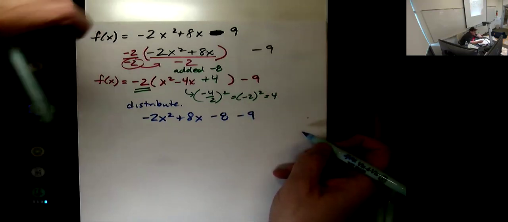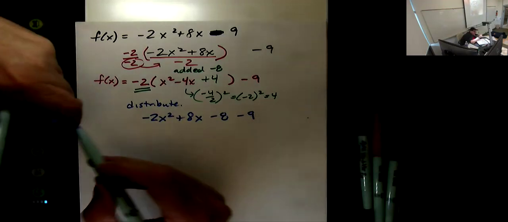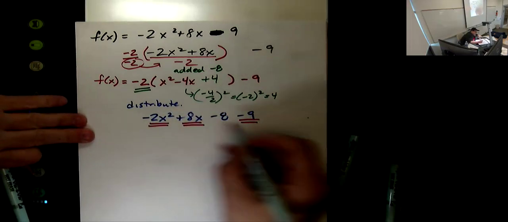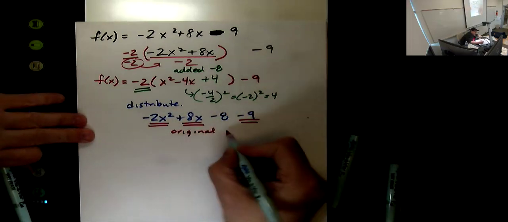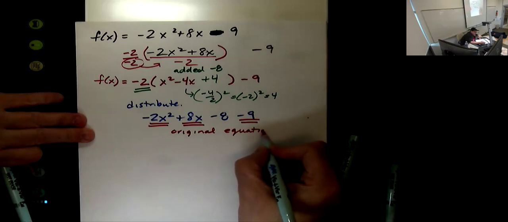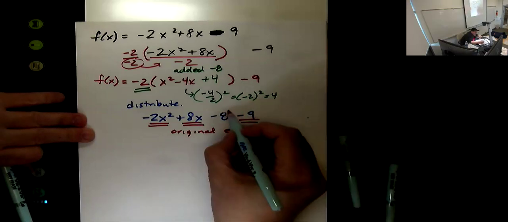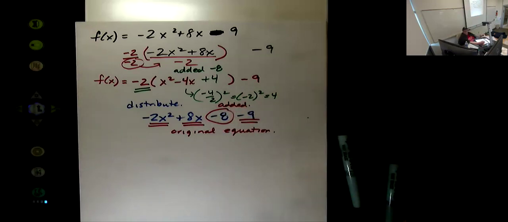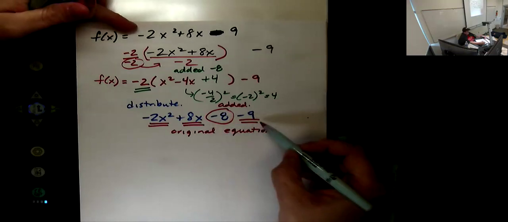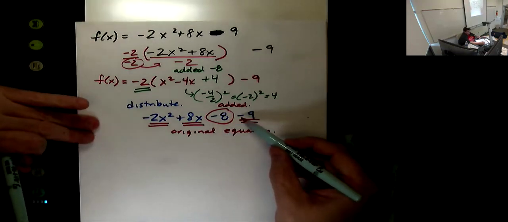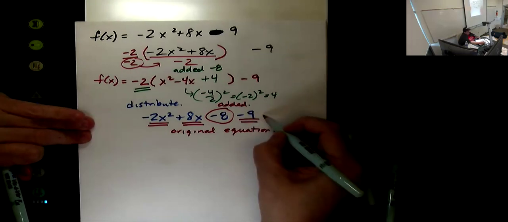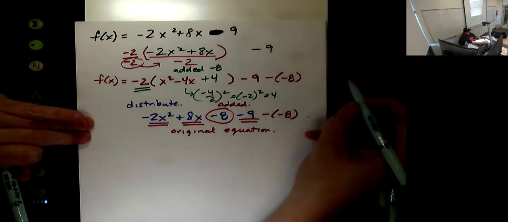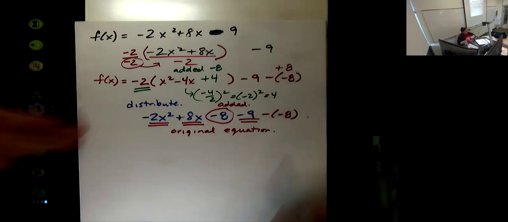Right? If I distribute this part, and this part are all the original equation. Which means this is what I added. We can see them up here, -2x squared, 8x, and -9. I've added -8, and I don't want to add -8. So I'm going to subtract -8. I'll do that up here. Which the effect is adding 8.